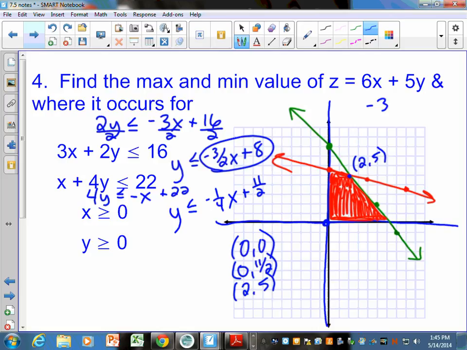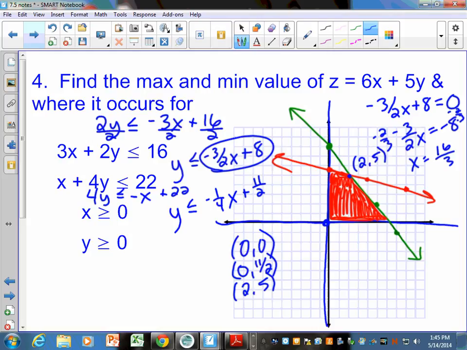So if you set negative 3/2 x plus 8 equal to 0, I don't think it's going to be exactly 6, is it? You get negative 8, and then I multiply by negative 2 over 3, and I get 16 thirds.